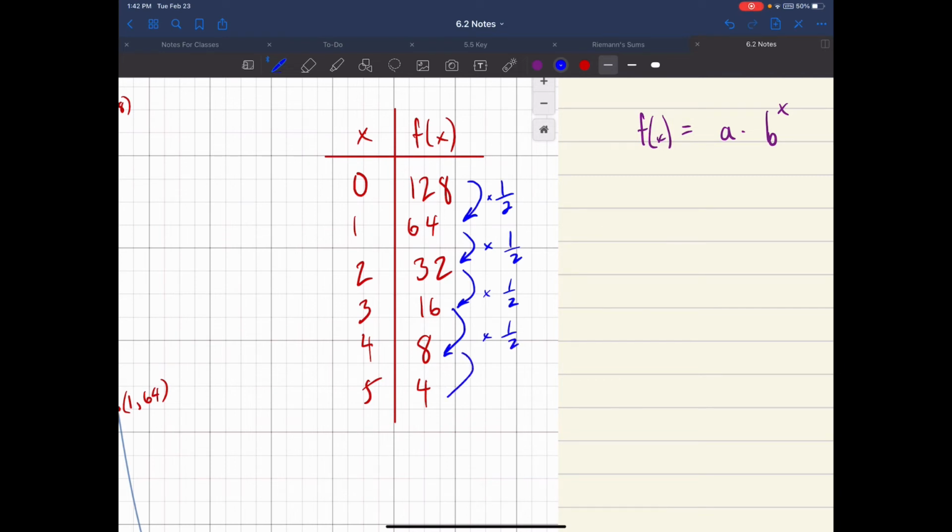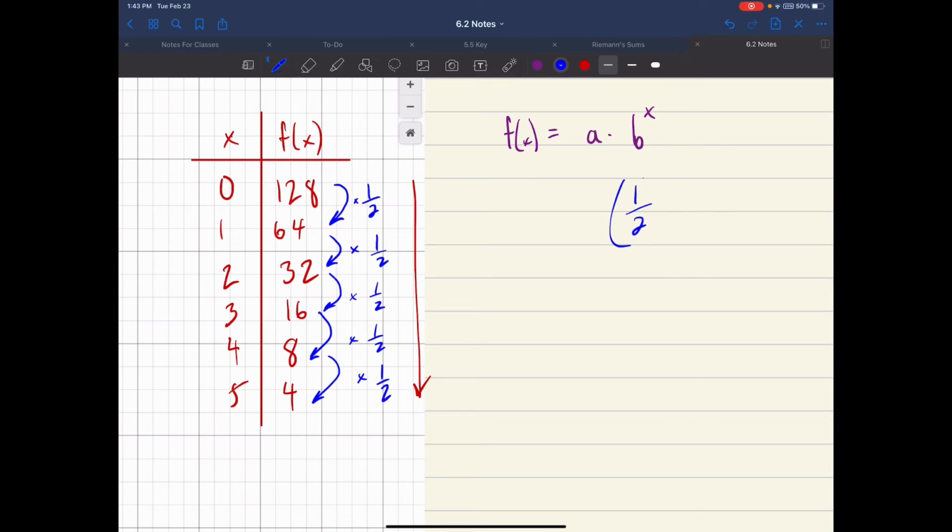And 8 times 1/2 is 4. So since I have a consistent ratio as I go down here, that would mean that my b value is 1/2.